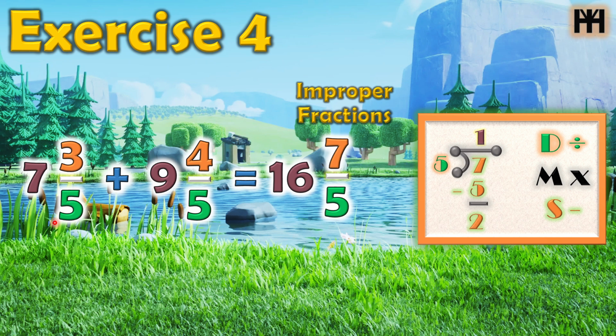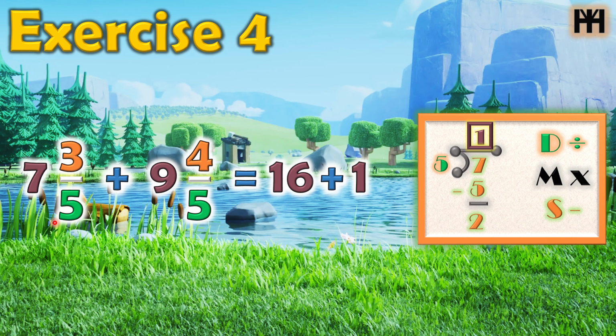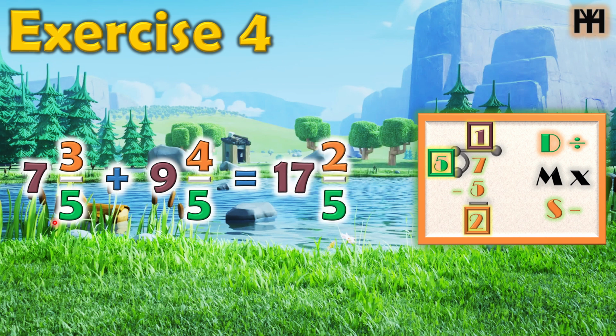Then we are done. So now the whole number will be 1, the denominator is 5, and the numerator is 2. So 16 plus 1 and 2 over 5 will be 17 and 2 over 5.